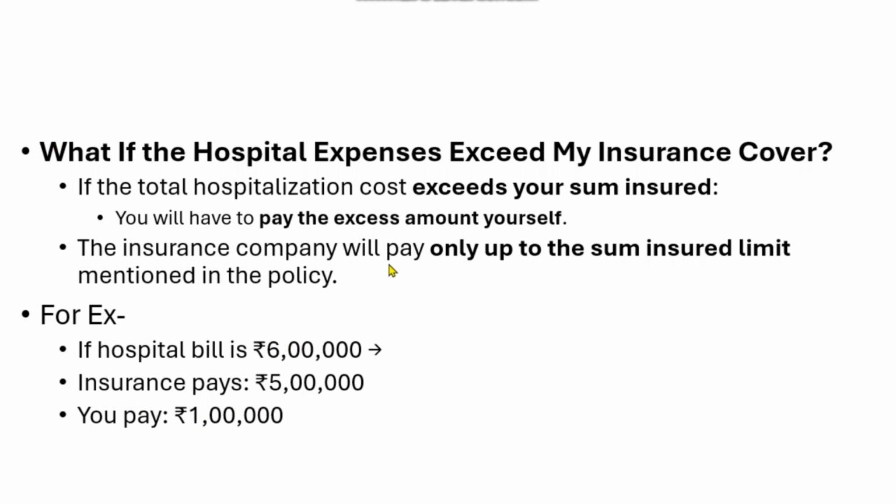The insurance company will pay only up to the sum insured limit mentioned in the policy. They mention that 5 lakh is covered, so they will pay only 5 lakh. After that you have to pay whatever expenses you have incurred.